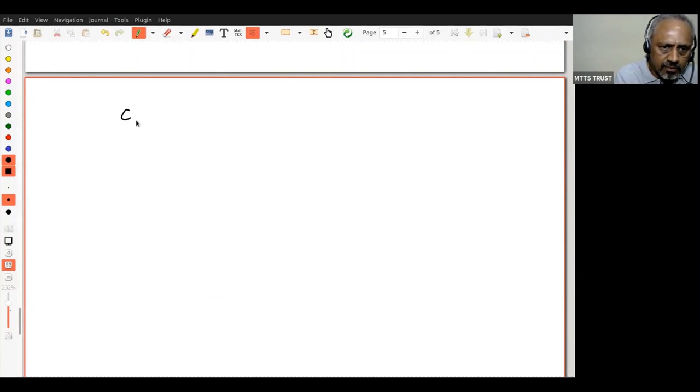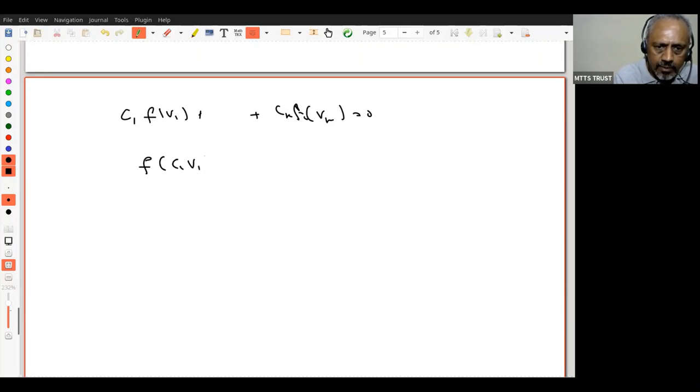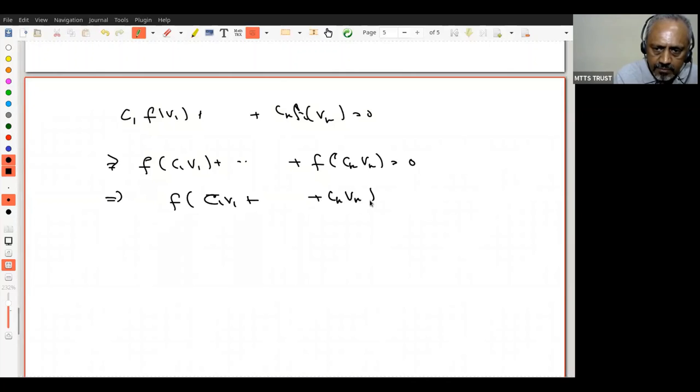Suppose C1 f of V1 plus ... plus Ck f of Vk is 0. Now since f is linear, I can write this as f of C1 V1 plus ... plus f of Ck Vk, which is 0. But again, since f is linear, I can write this as f of (C1 V1 plus ... plus Ck Vk) is 0. But f is one-to-one, so what does this mean?